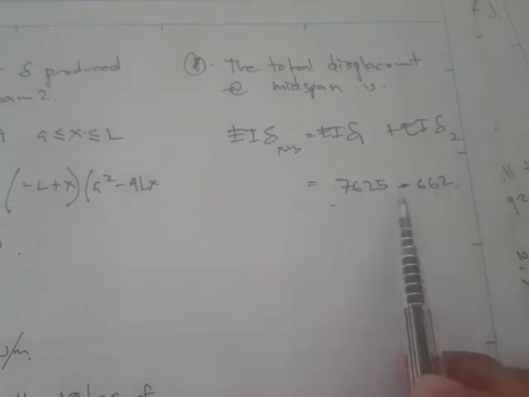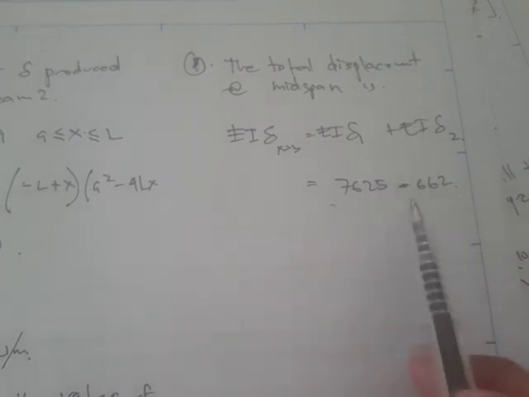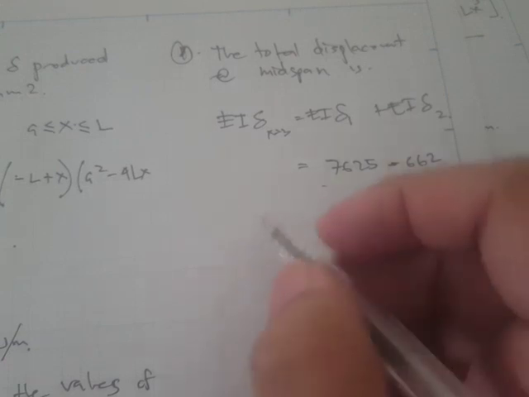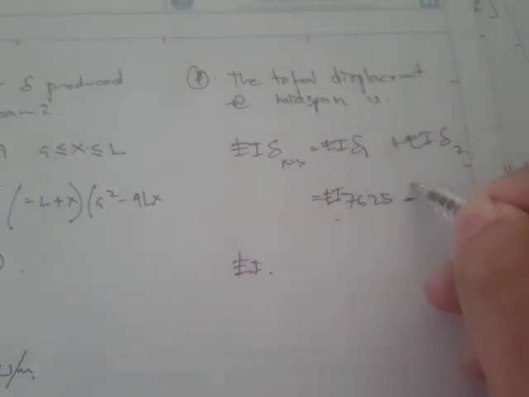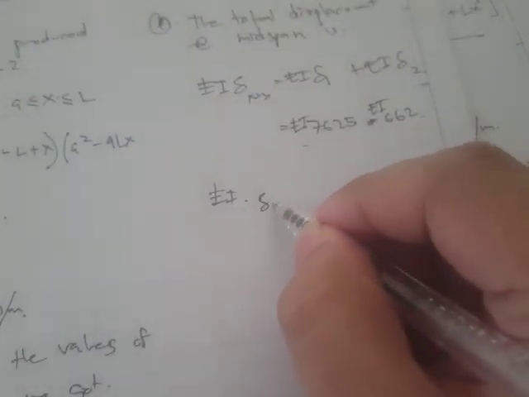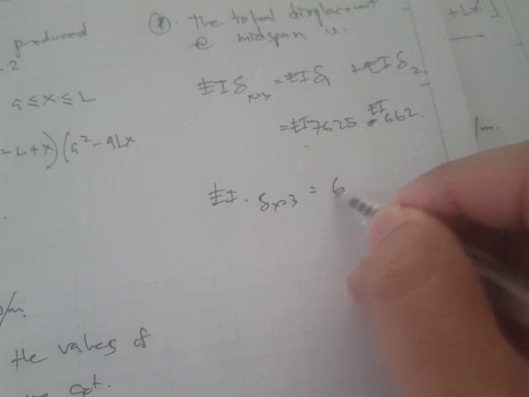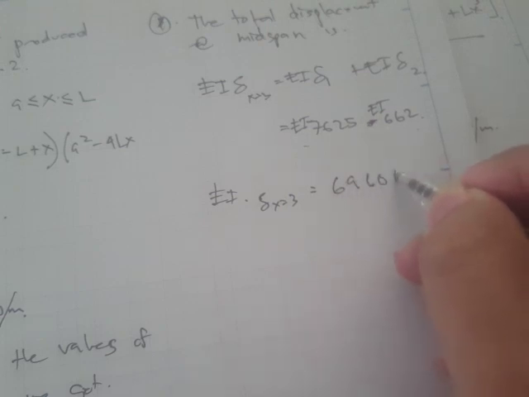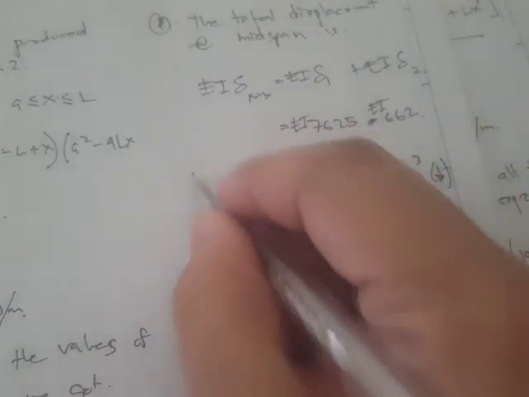So when you say algebraic sum, we also need to take into account the direction. Okay, and this is EI. Of course, there should be EI here, and there's going to be EI right here. This is equal to 6,960 newton meter cube, and the direction is downward.